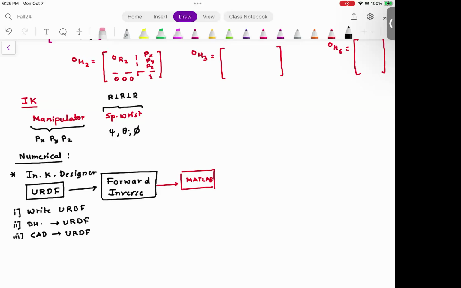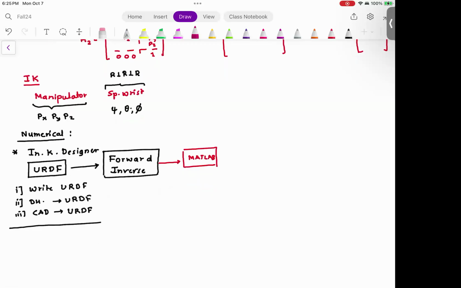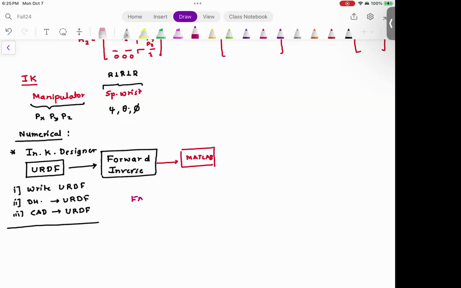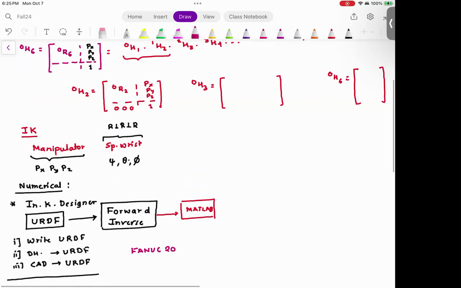Now the alternative approach is, please note that inside the Inverse Kinematic Designer, there is already a FANUC robot, the FANUC 200iB. You can very easily do forward and inverse kinematics for that FANUC robot. If you click on this FANUC robot, you will see different links.